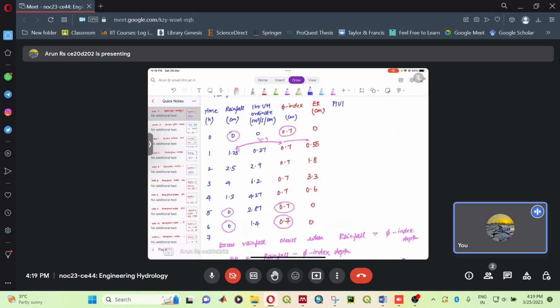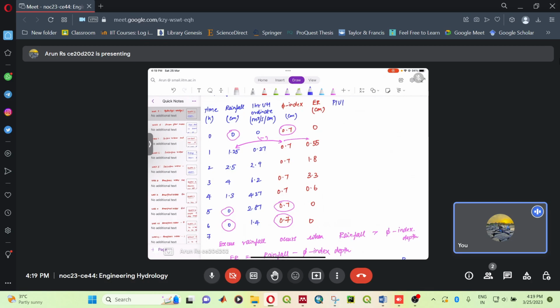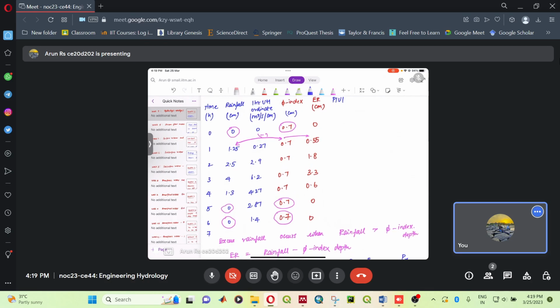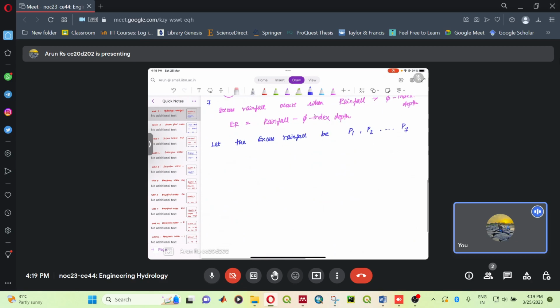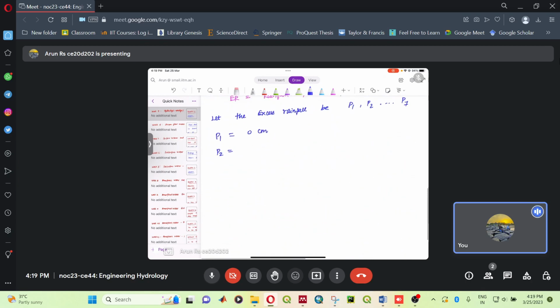But rainfall is 0 and the excess rainfall is also 0 in this case. So the entire row will be 0. So here P1 corresponds to 0 centimeter of rainfall excess, P2 corresponds to 0.55 centimeter of rainfall excess, so on up to P7 will be again 0 centimeter of rainfall excess.